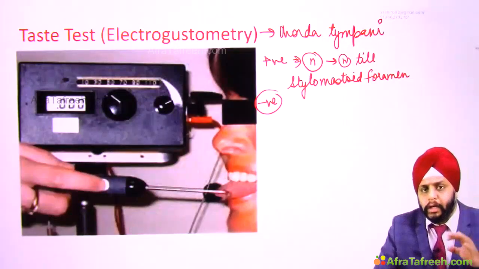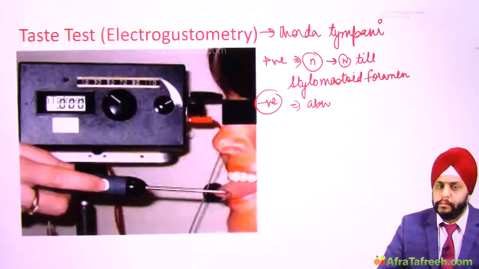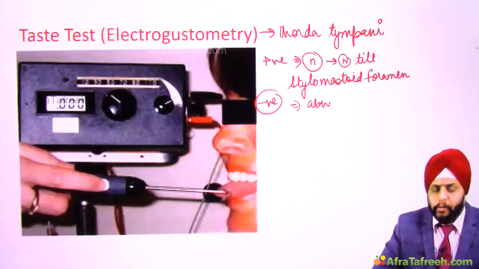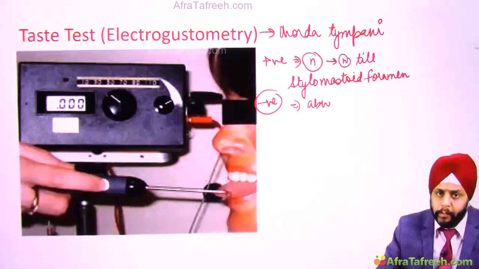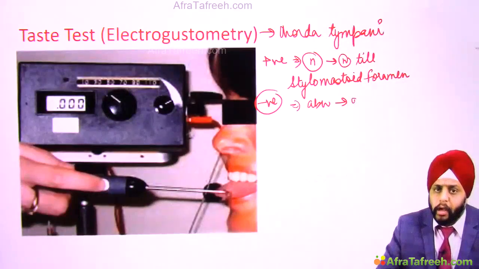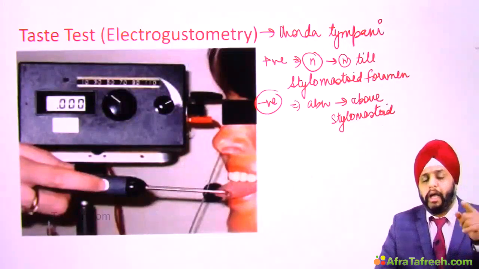This test is negative. Now the negative over here is abnormal. Now that means the facial nerve injury has happened where? Above the stylomastoid foramen.